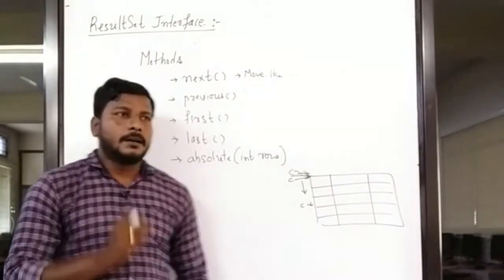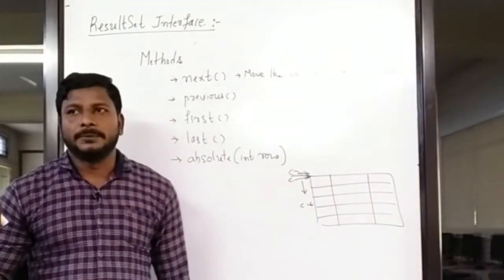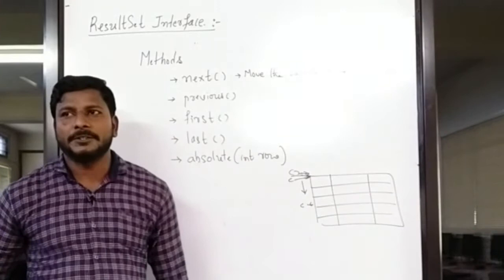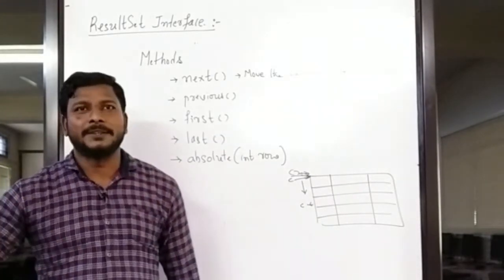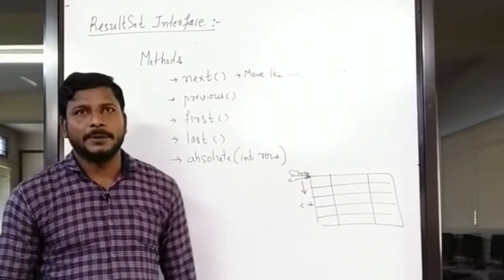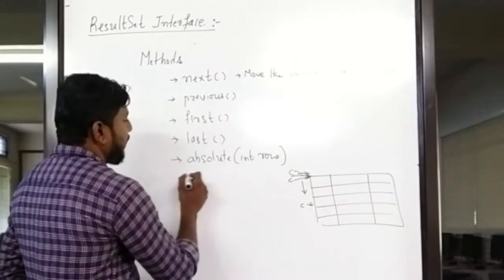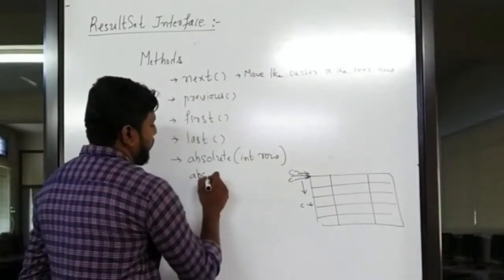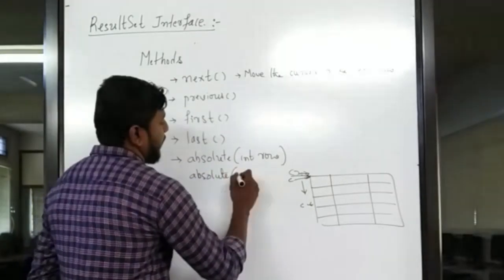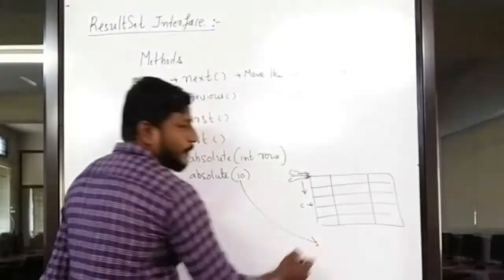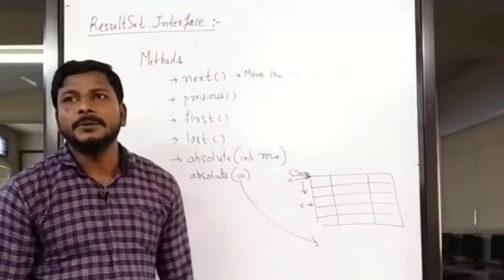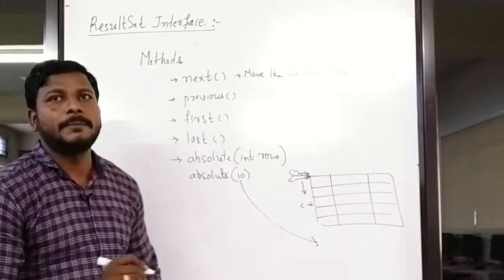So if you want to go to a particular row directly, not by next navigations or one by one navigation, for example, you want to go to the 10th row, then you can use absolute. For example, absolute of, say, 10. So what happens? The cursor will be pointed directly to the 10th row.